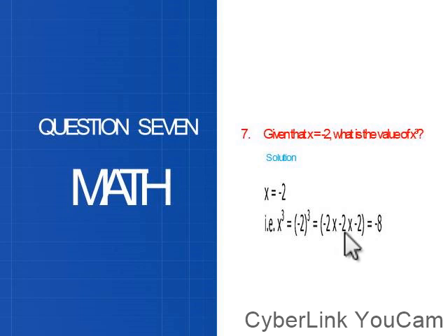Now plus 4 times minus 2: those are numbers with two different signs, plus and minus. The result will have the multiplication of the numbers and then the multiplication of the signs. So the sign is minus and the number is 8. So the answer is minus 8. Okay, let's go to the next number.